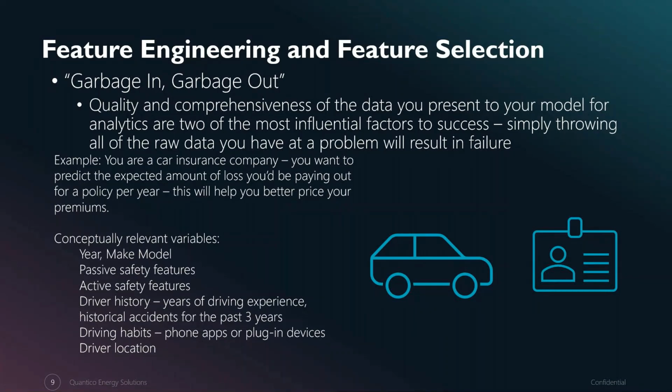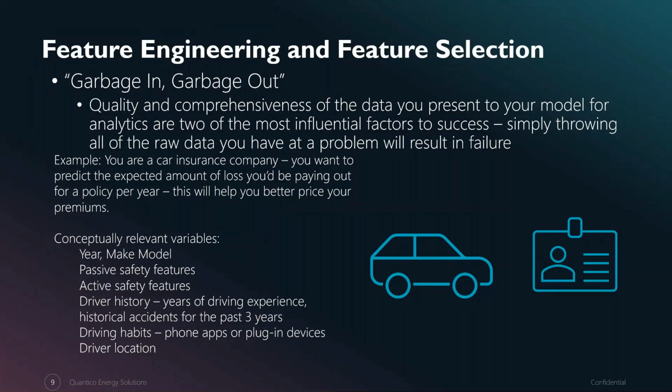However, when you look at who has the best result, generally they will have done some feature selection and feature engineering to pass that data in a better comprehensiveness and better quality to the model so that the model outputs better predictions. So I'm going to set up an example scenario here for you.